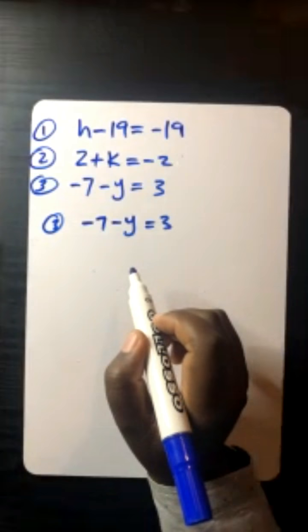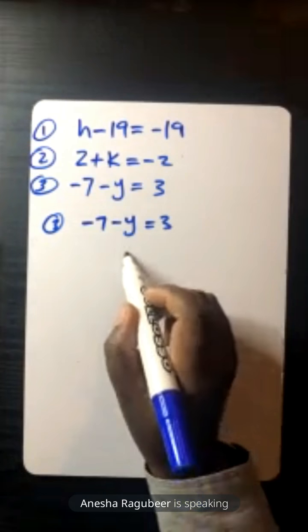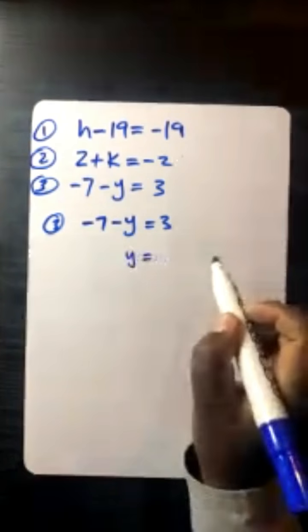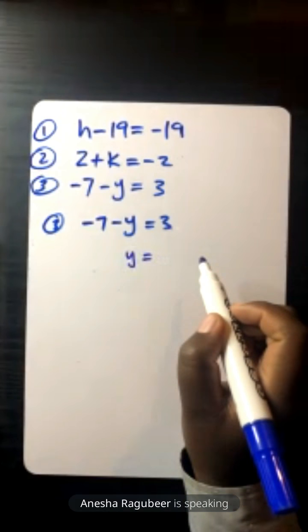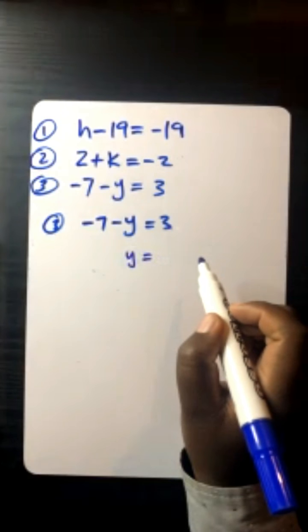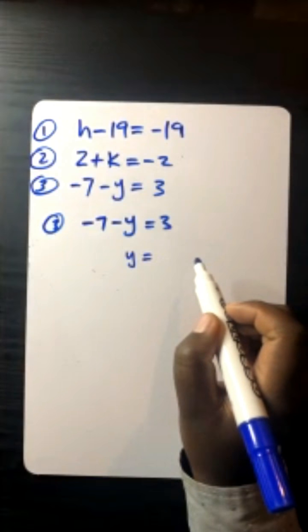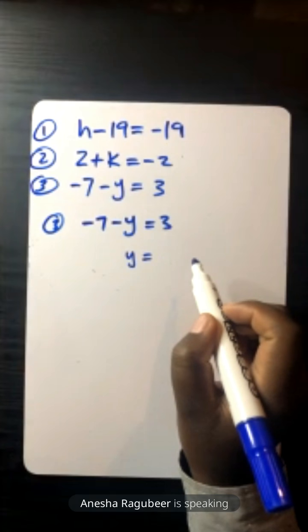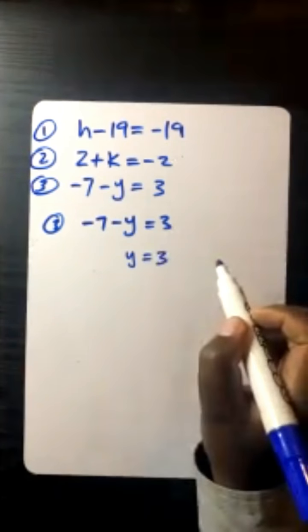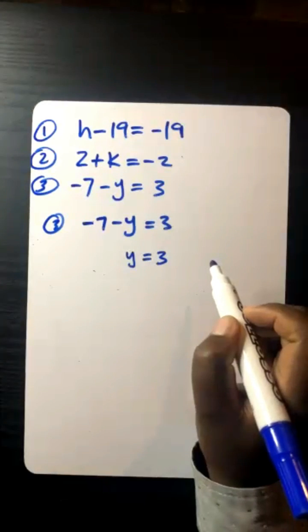We have y, which equals positive 3 plus 7.